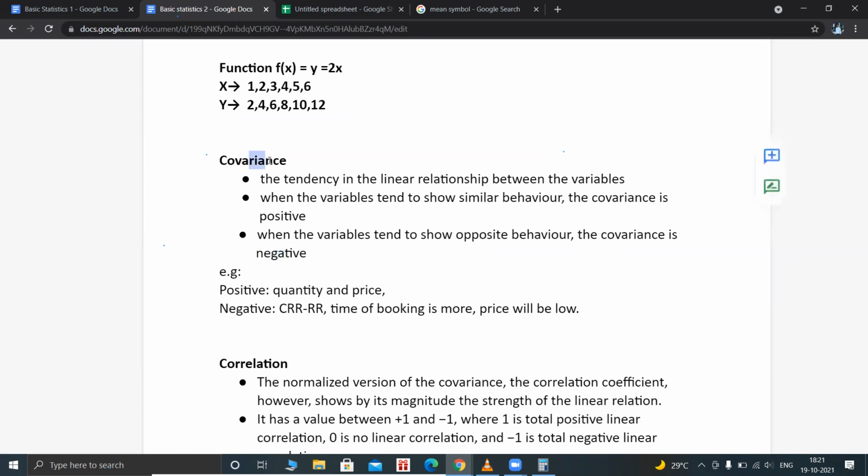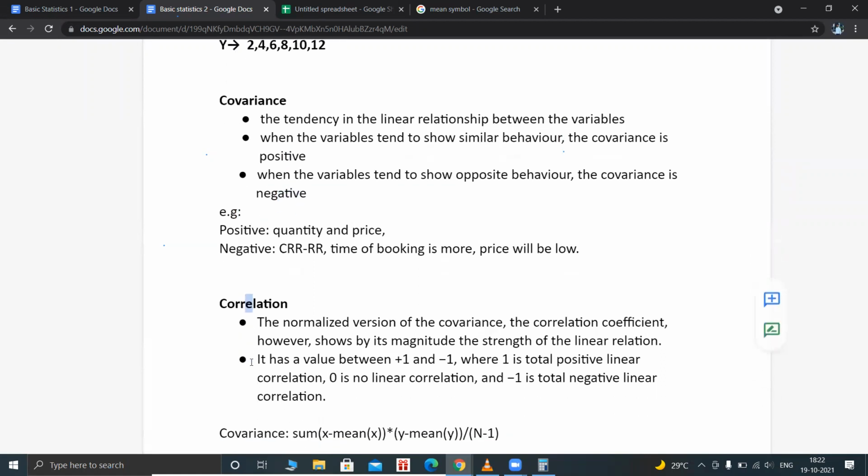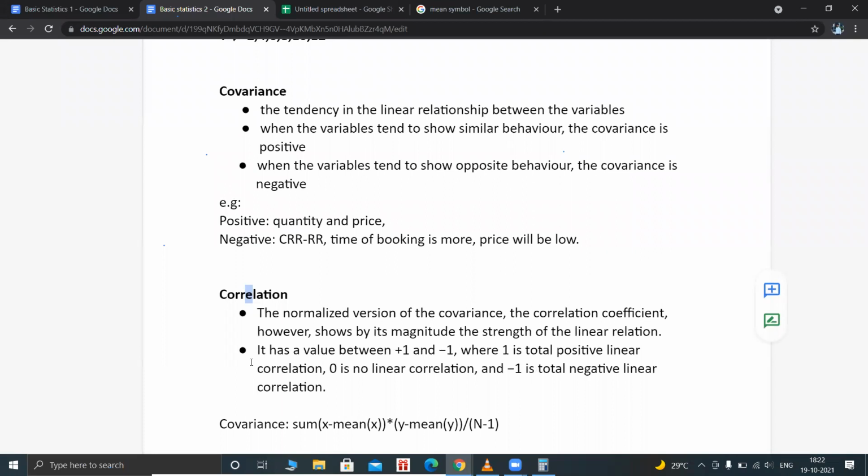Covariance just tells whether they are positively or negatively related. But correlation gives us an exact number from +1 to -1, so with that range we can understand how strongly, how weakly, or how moderately correlated the variables are.